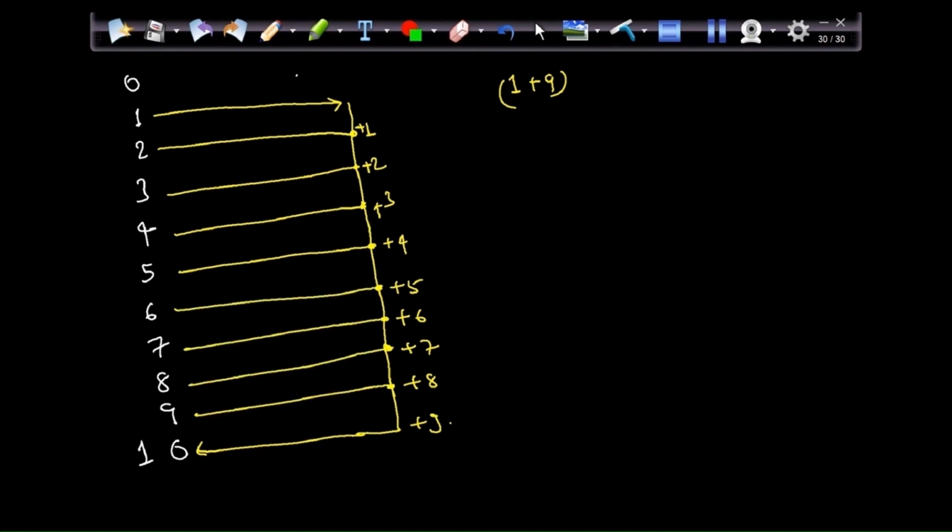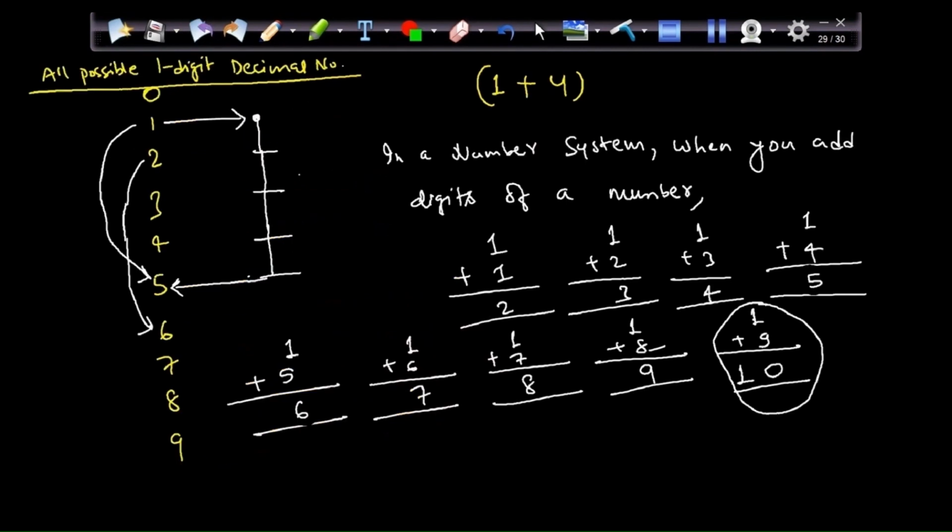When you are adding any digit to 1 which is less than or equal to 8, what is 8 here? 8 is 9's complement of 1.